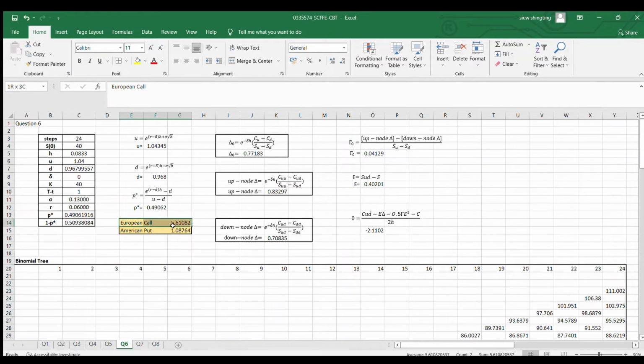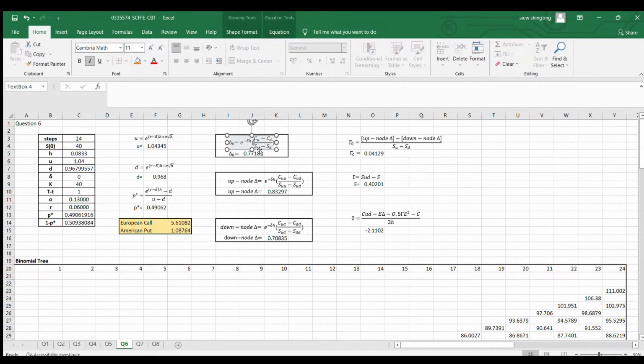The European call is equal to 5.61082 and the American put is 1.08764. So to calculate the delta 0, we can see that the 0.77183 is from this formula: exponential negative delta times H times the CU minus CD divided by SU minus SD.